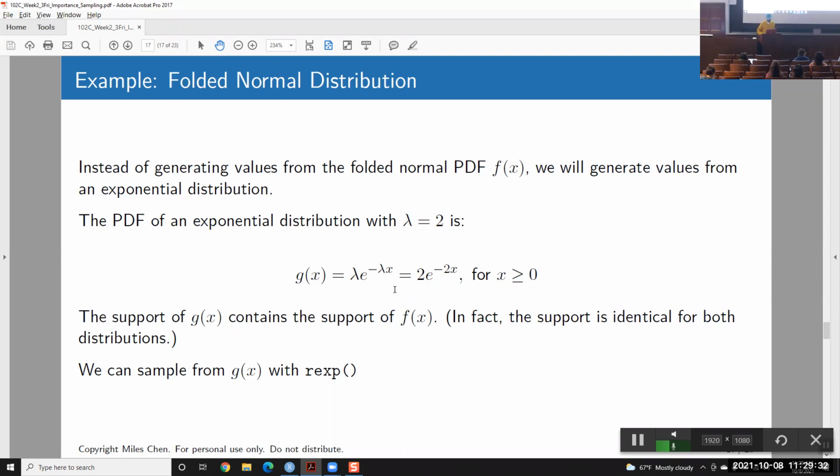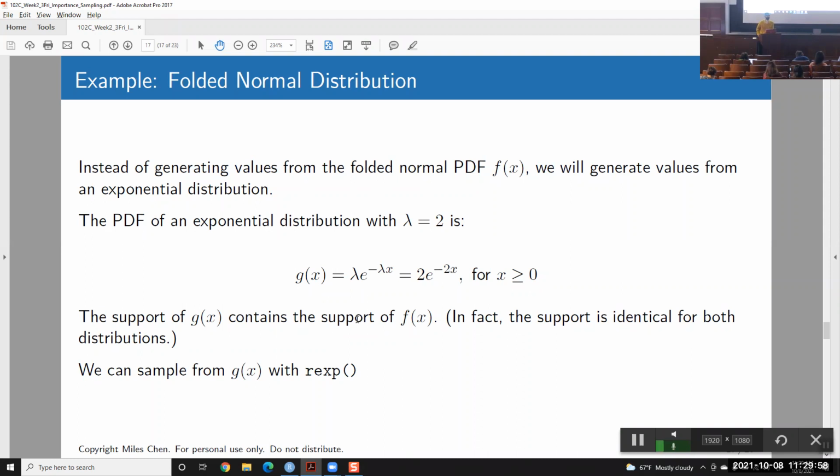So we're going to do 2e to the negative 2x. This is going to be the distribution that I will generate values from. So the support of G contains the support of F: the support of F is all positive values greater than 0, and the support of the exponential distribution is all positive values greater than 0, right?